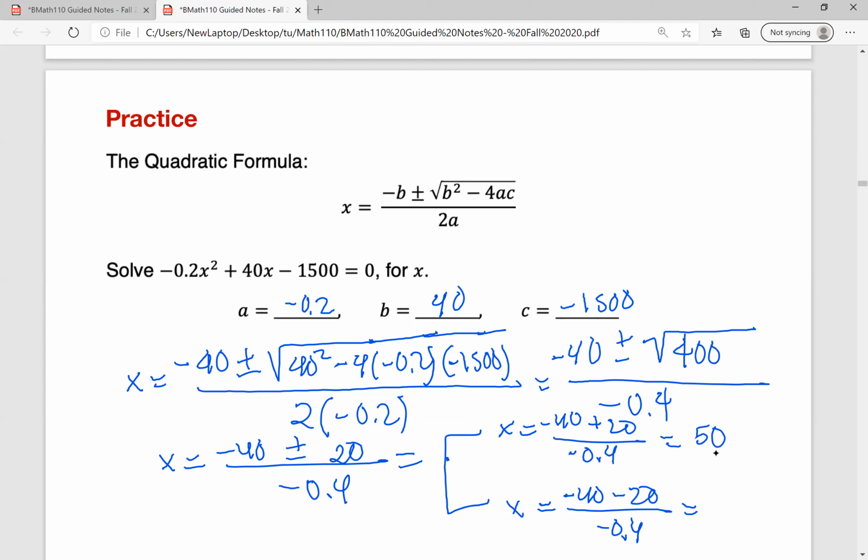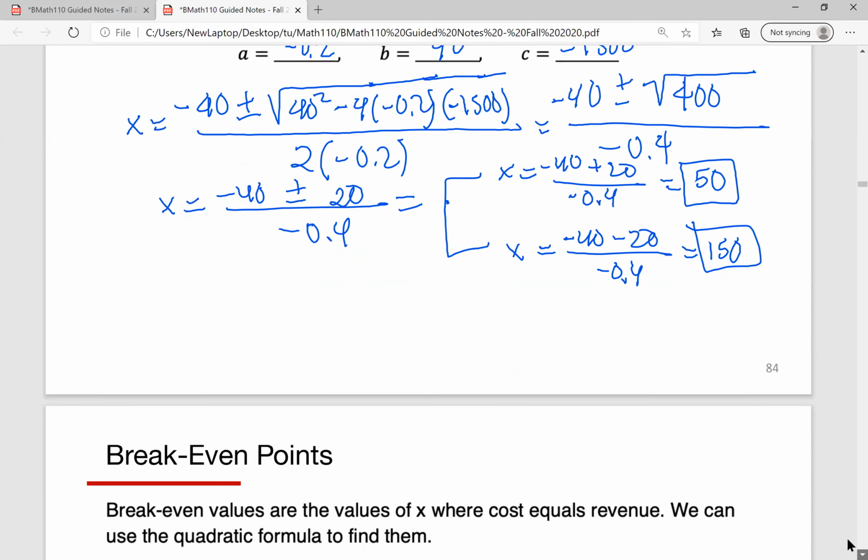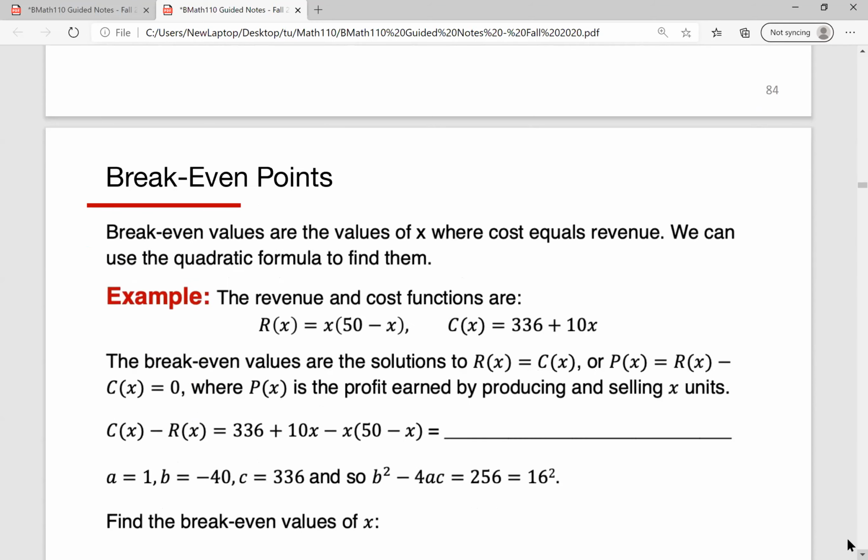The first one gives me 50 and the second one gives me 150. And you can check that, but that should be the same answer as above. We get two intercepts at (50, 0) and (150, 0).